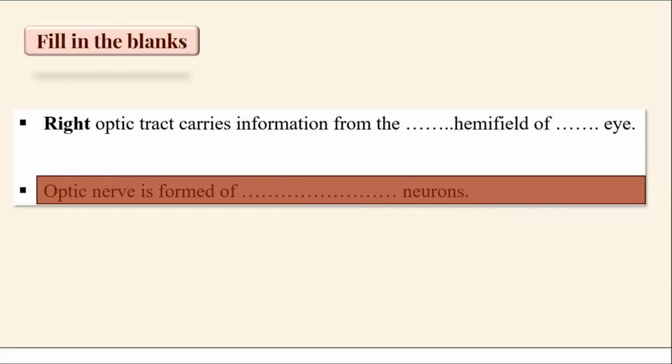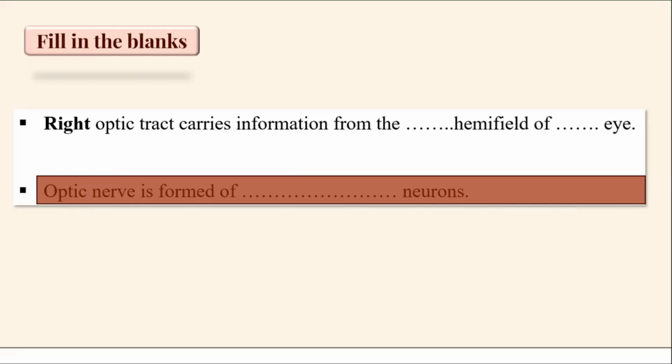The right optic tract carries information from... because this is very fundamental, and actually this is like a graduate level, not a postgraduate level at all. Yeah, exactly. Thank you. So the left hemifield of each eye.